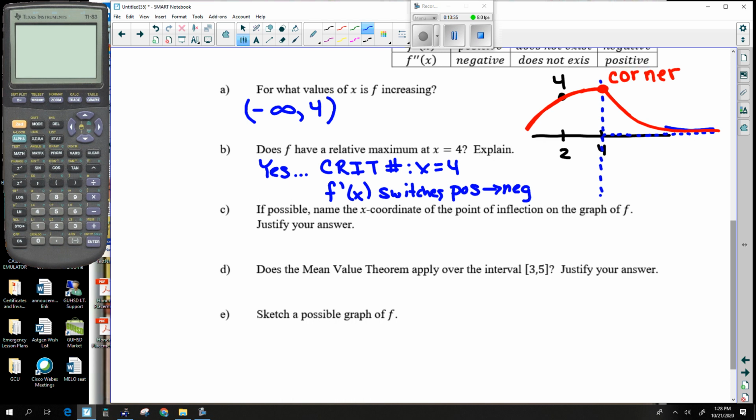So here, the point of inflection would occur at x is equal to 4, because the second derivative switches sign, and it is defined, so it switches from, in this case, negative to positive.